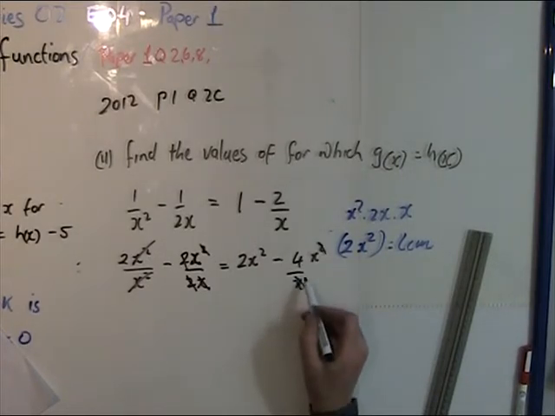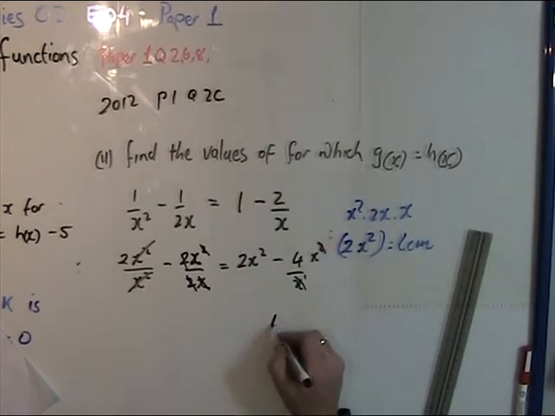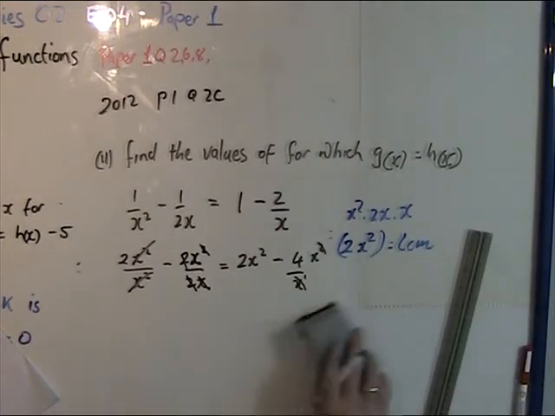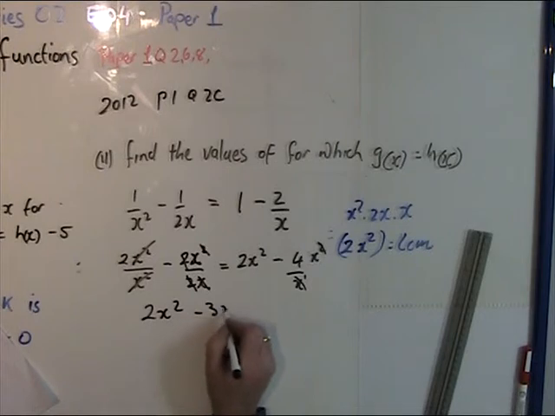So I cancel the x. There's a 1 here, bring it up, and it's minus 1. It's an indices rule, you know this. I'll rewrite it as x squared minus 1 because you're bringing it up and changing the sign. Okay, so I rewrite this out and I'm left with 2x squared minus 3x minus 2. Right?